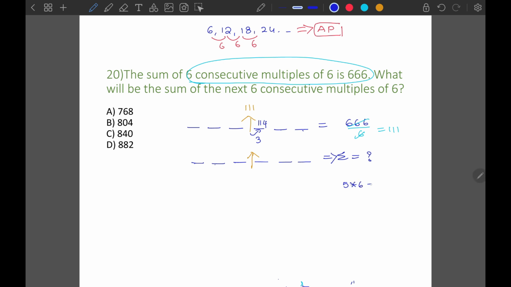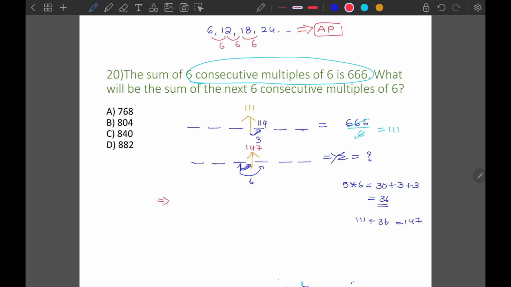So 5 into 6 equals 30. And we need half of the difference, which is 3. So again 3, which makes 36. So the mean will be 111 plus 36, which is equal to 147. So the mean is 147.